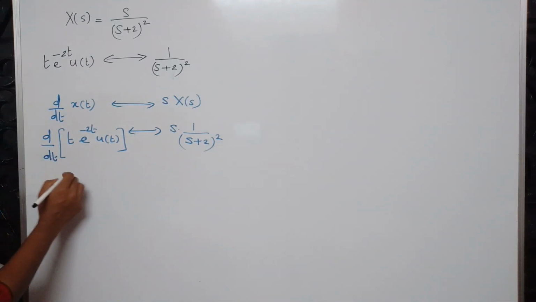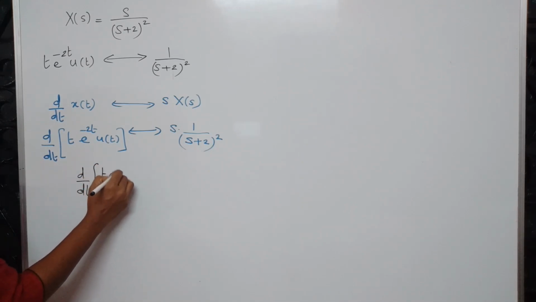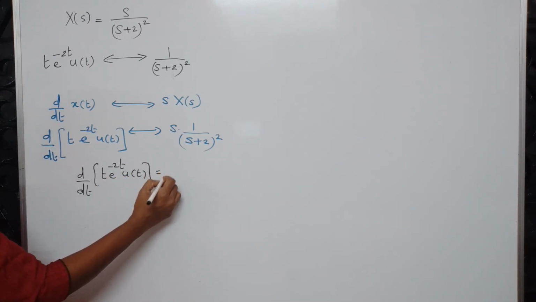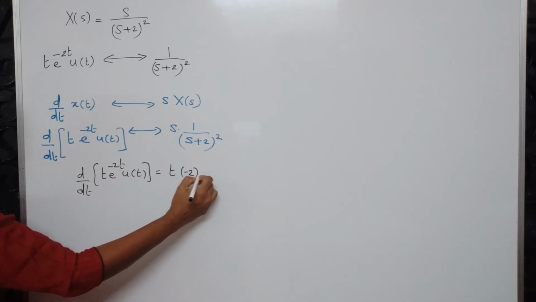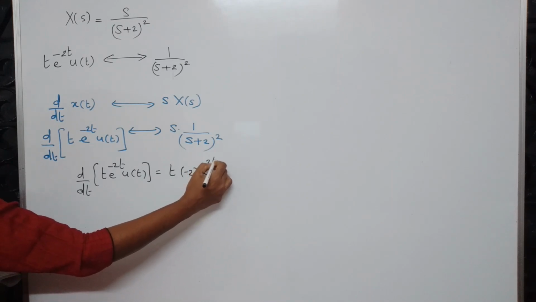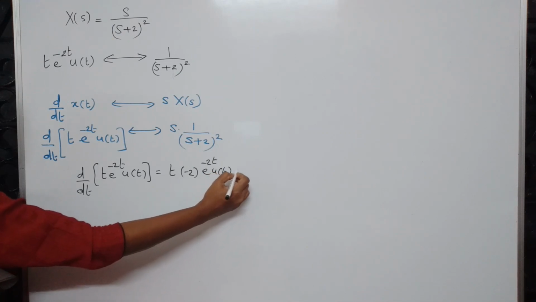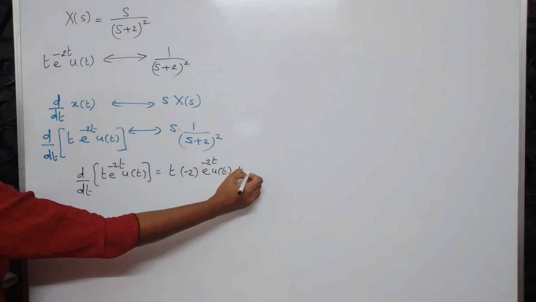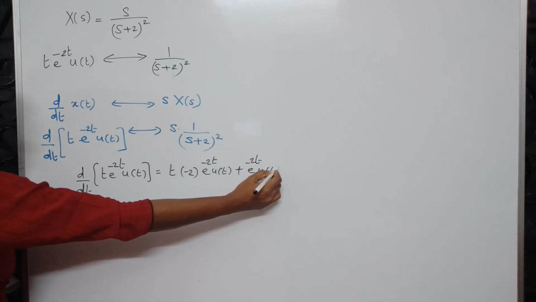Now we can evaluate this. What is d by dt of t into e raised to minus 2t u of t? This is equal to first into derivative of second, that is t into minus 2 into e raised to minus 2t u of t, plus e raised to minus 2t u of t.